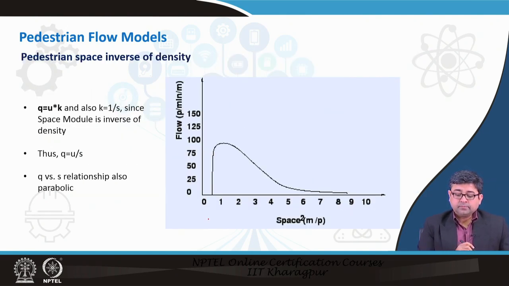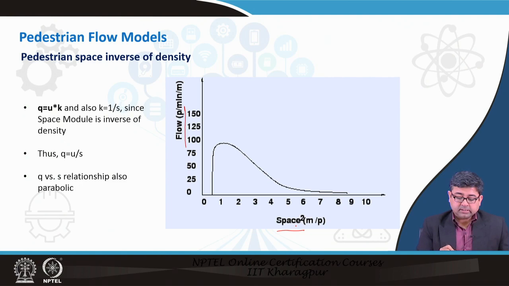Next, we have seen the macroscopic models for vehicles, where we have seen the relationship between flow and density. But now, if we change the graph to see the relationship between flow and space, because remember, in the pedestrian realm we sometimes use space instead of density.